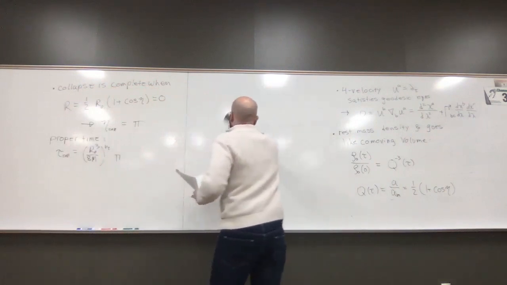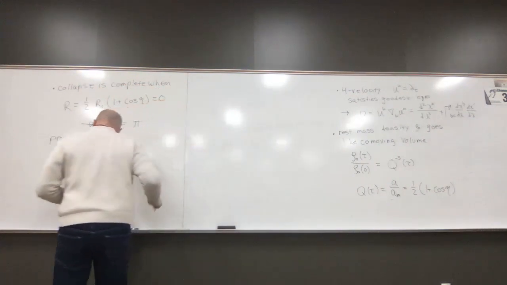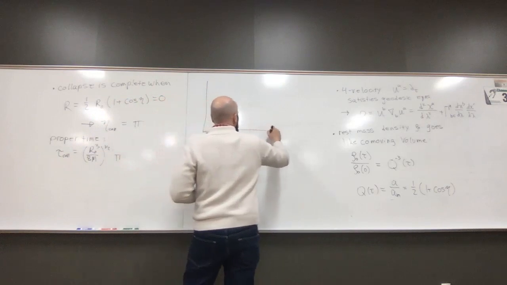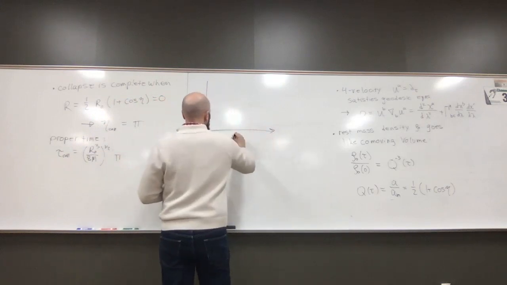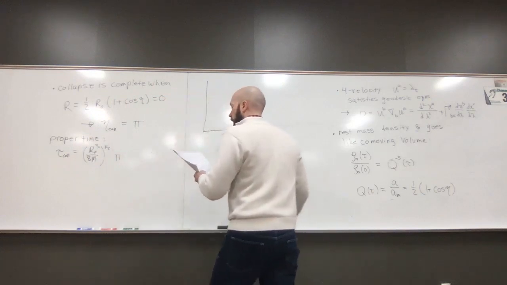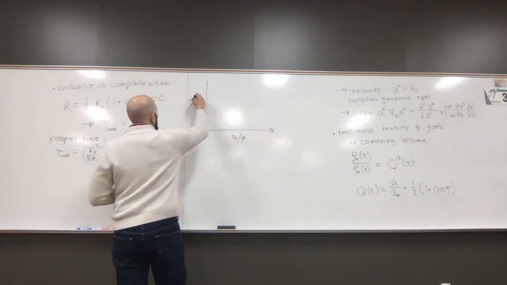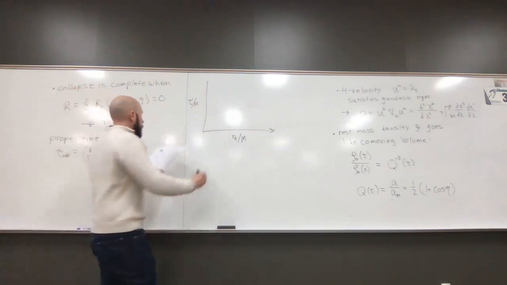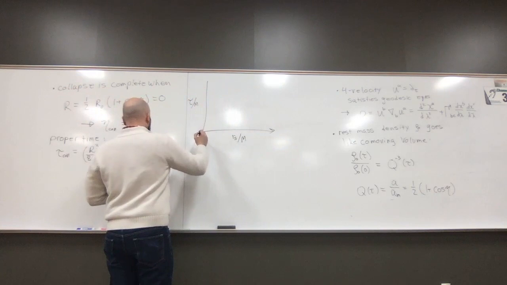Okay, so it looks like this. This is going to be R Schwarzschild over M, like that. And then this is going to be tau over M, right? Just normalized to the mass of the system. Obviously at 0, 0.